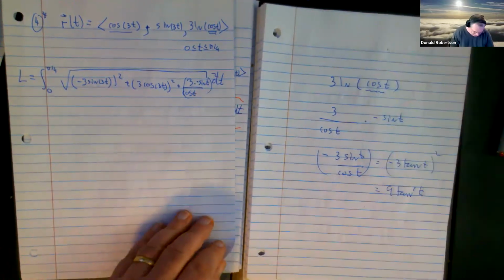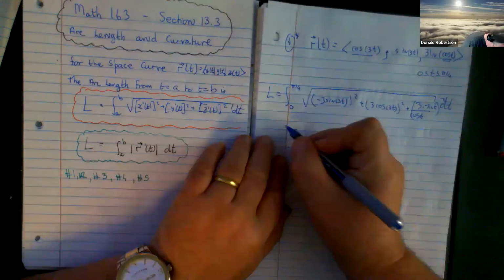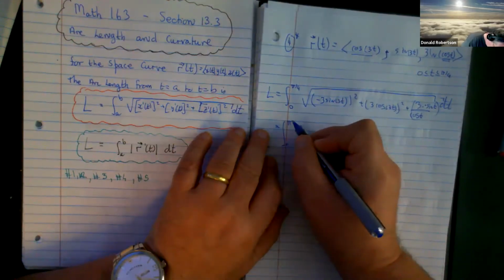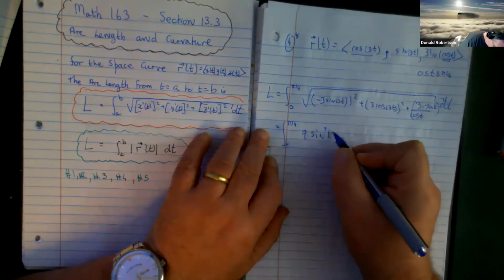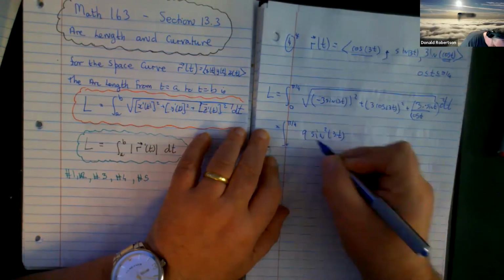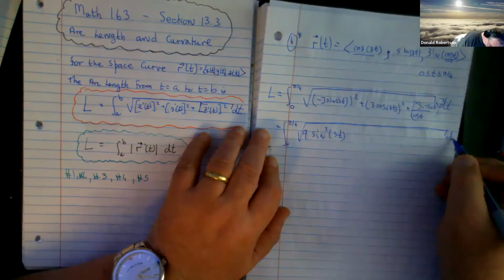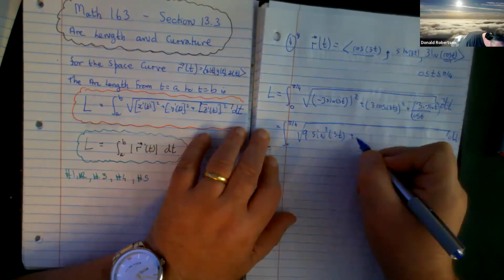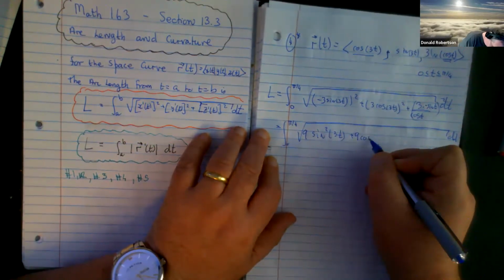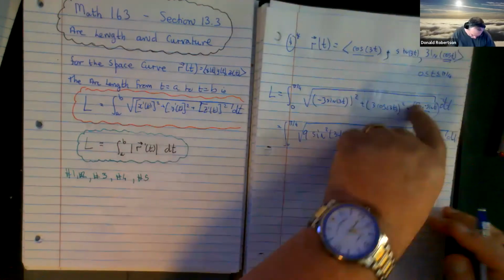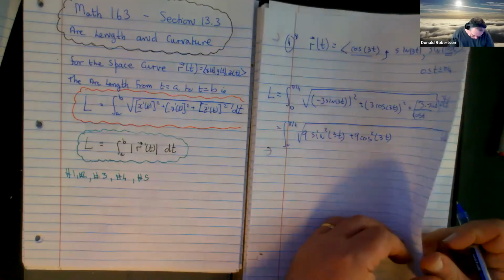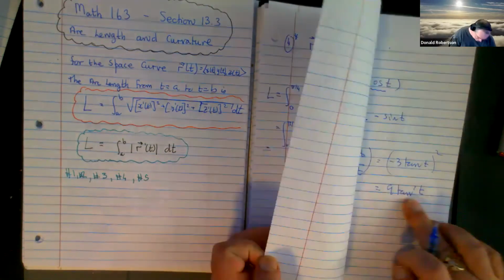Okay, so if you square this fella, you'll get 9 sine squared of 3t. If you square the middle one, you'll get 9 cosine squared of 3t. If you differentiate this guy, you end up with 9 tan squared t, right?